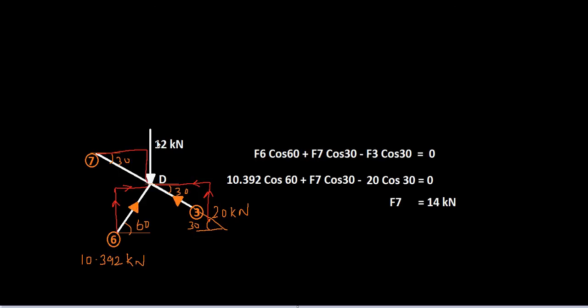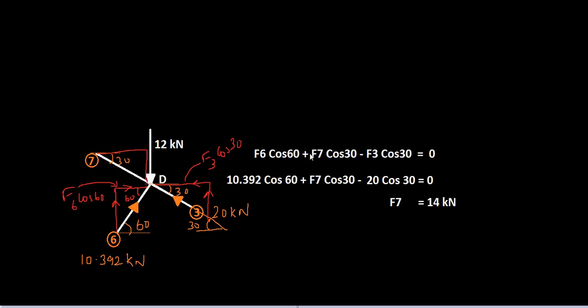You don't have to consider this one because that's a vertical force only. You have F6 cos 60, this is 60 and this is 60. So this is going to be F6 cos 60, and this is going to be F3 cos 30. These are in opposite directions.